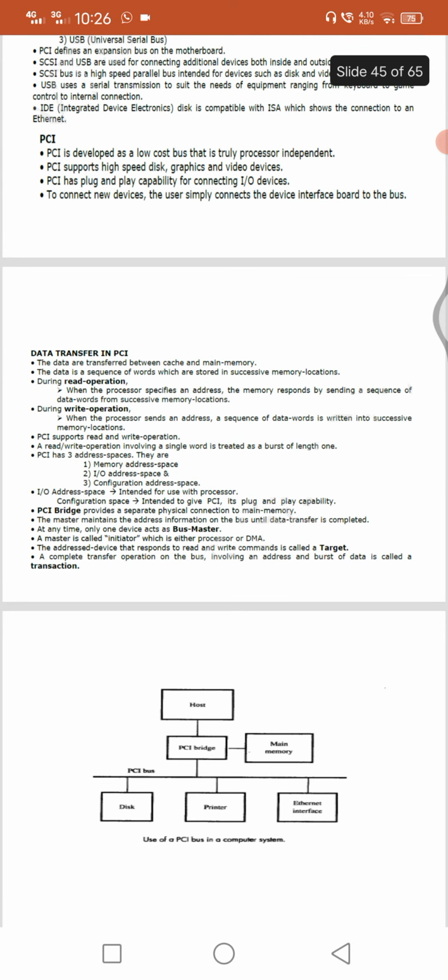A complete transfer operation on the bus involving the address and a burst of data is called a transaction. The target is where the data is going to be transferred, and meanwhile we perform some transactions.